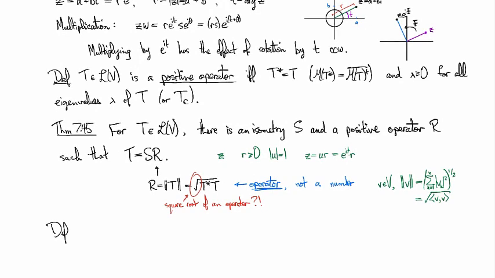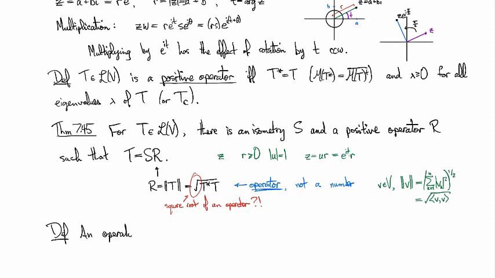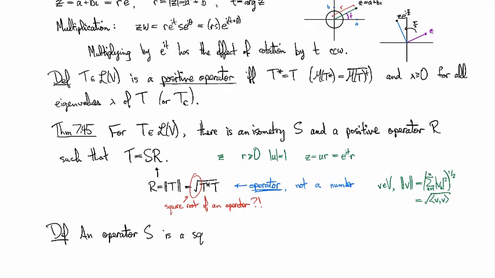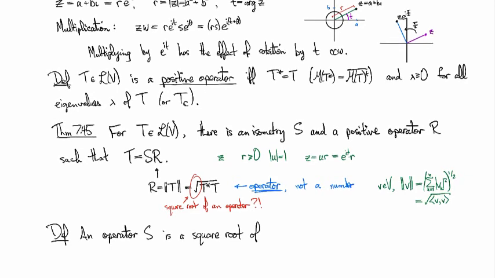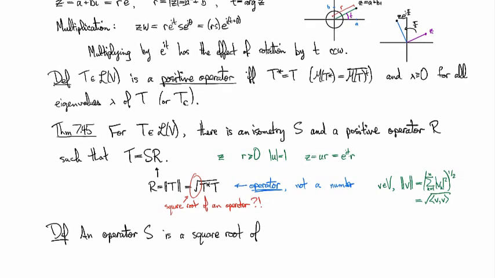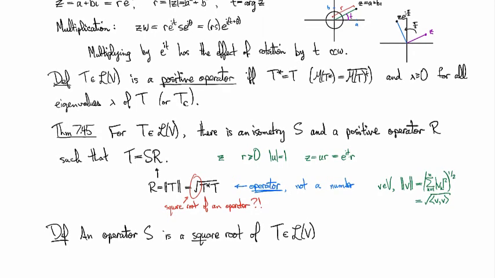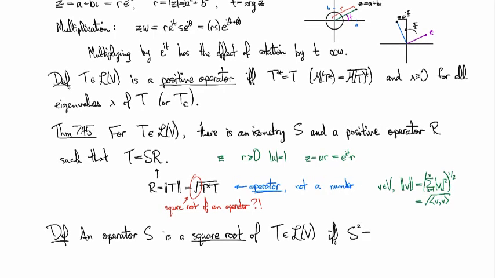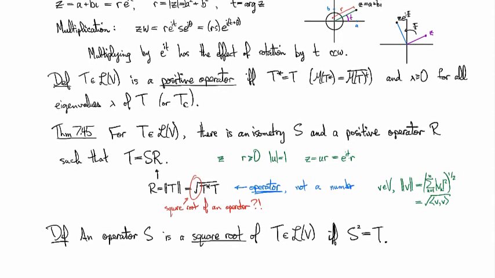So an operator S is a square root of the operator T if and only if S squared gives you T. So there can be all kinds of square roots.